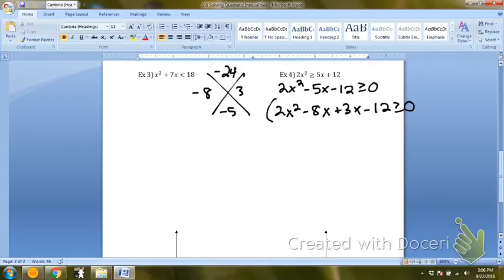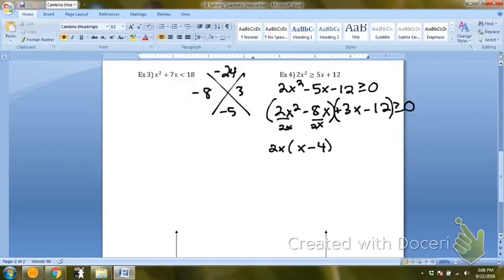What are multiples of 24? Okay, so we're going to group these together. We're going to divide out by a 2x, which gives me x minus 4.